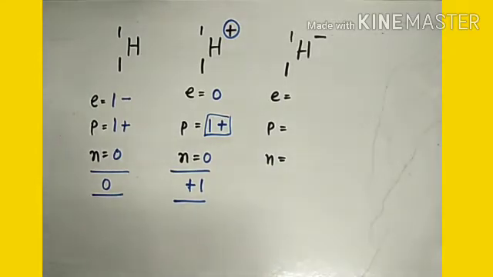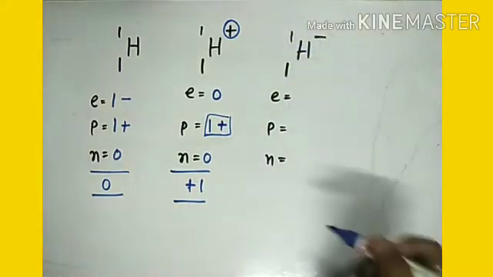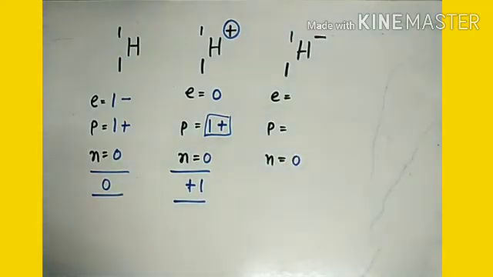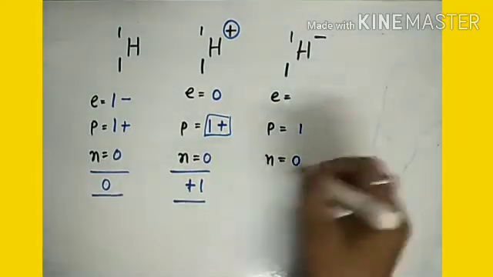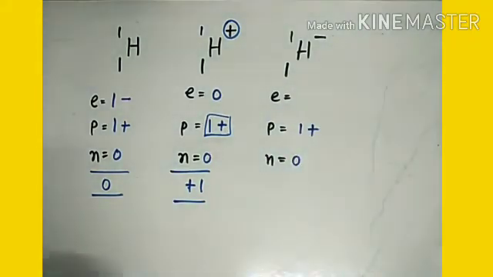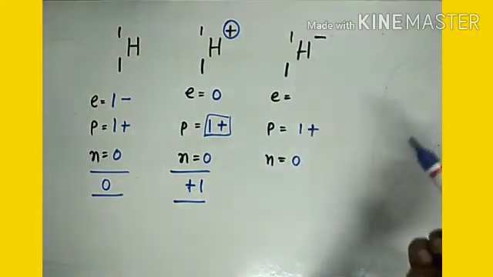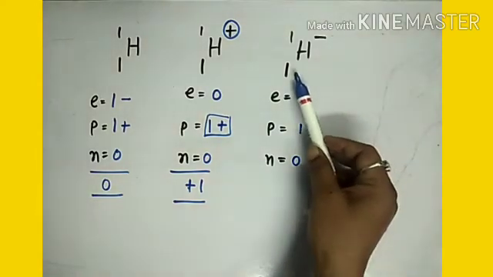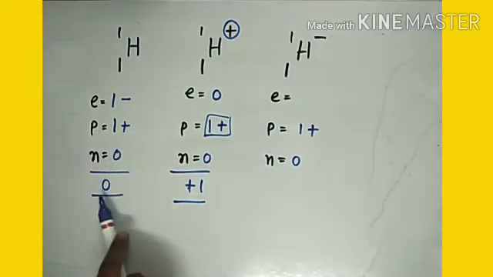But in this case, the third one, you can say these are the hydride ions. So number of neutrons, no doubt we have one proton, but here you can see no neutrons. Number of protons, we can go for this 1. It is having positive charge. This particular electron, how can we find out the number of electrons? So basically you see that there is one electron and one proton, so there is no charge.